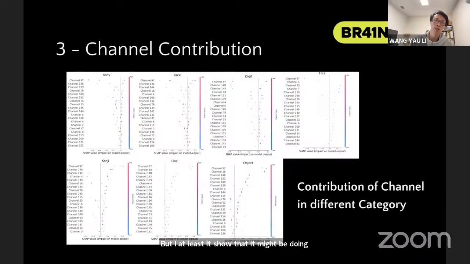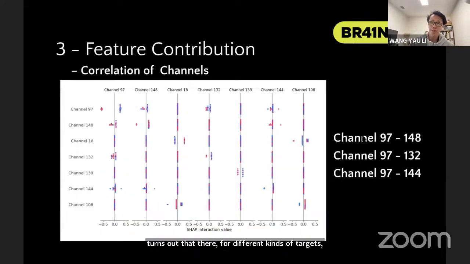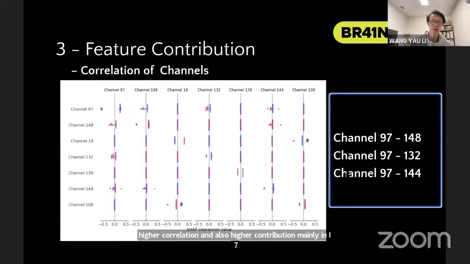And the very last part is about channel or feature contribution. One of our teammates looked into which channels actually contribute to the classification results. It turns out that for different kinds of targets, different channels have different levels of contribution. There are some channels which have higher correlation and also higher contribution, mainly 97, 148, and 141, and so on.